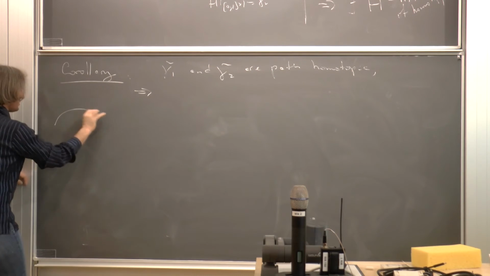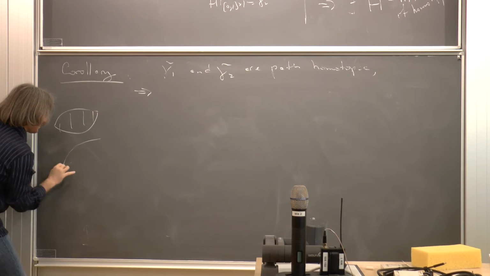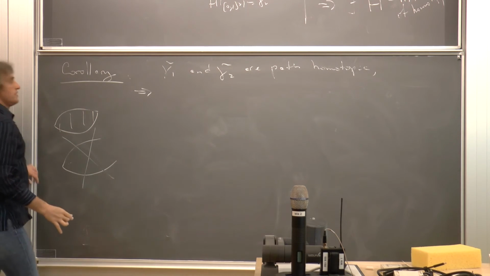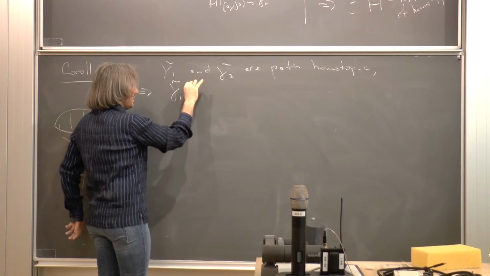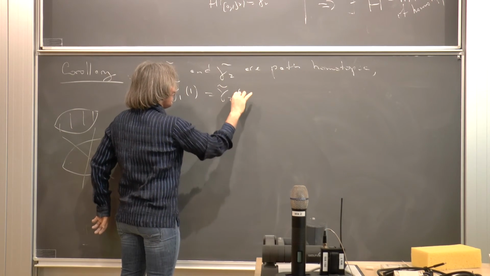Path homotopy looks like this. You cannot do it like this. Right? So then gamma tilde 1 of 1 equals gamma tilde 2 of 1.